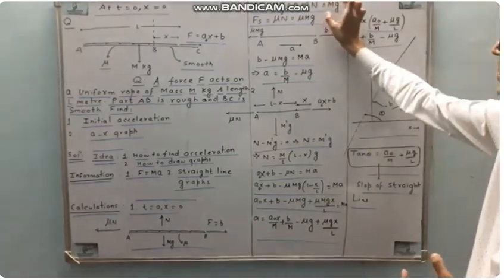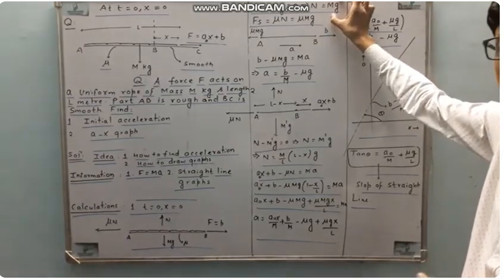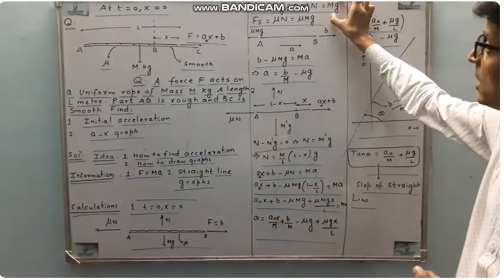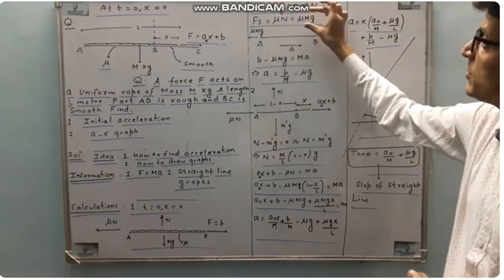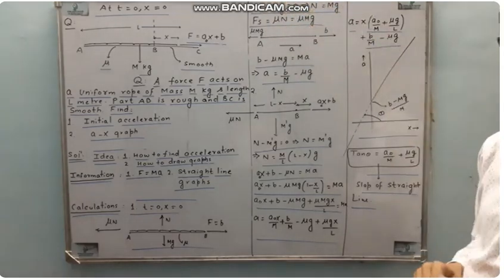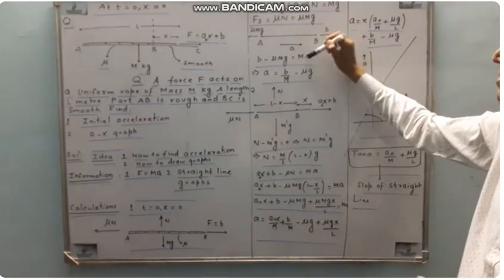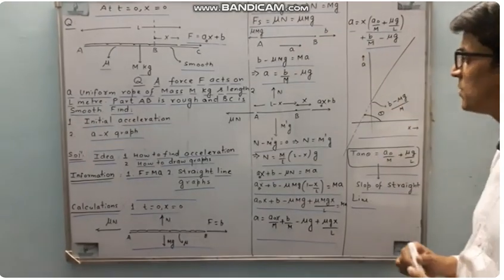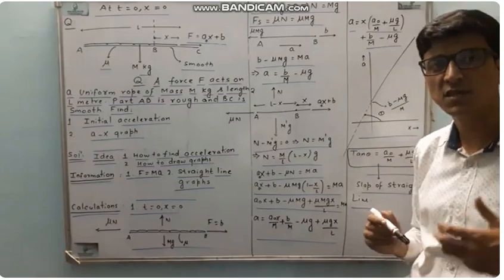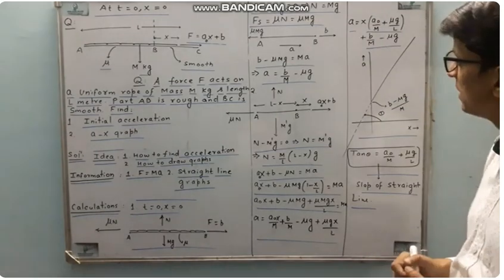So we have normal reaction as mg. Then friction is equal to mu into N, so that will be mu mg. Drawing the free body diagram of the rope, we have force B towards right and mu mg towards left. So B minus mu mg is ma, so acceleration comes out to be B by M minus mu g. This is the initial acceleration of the rope.